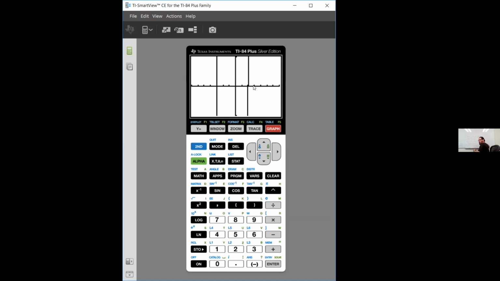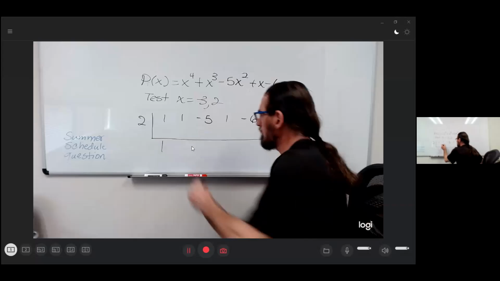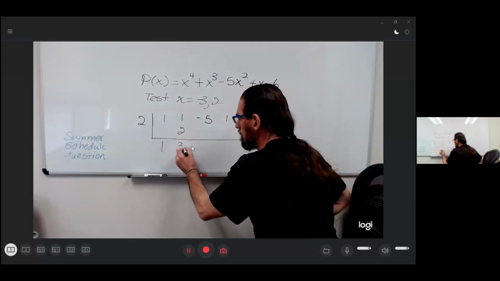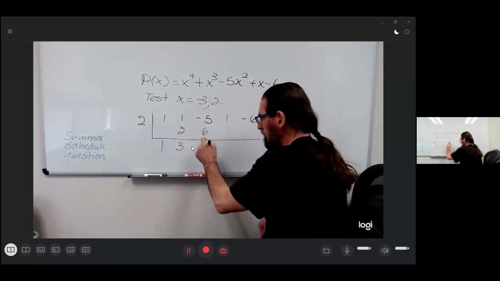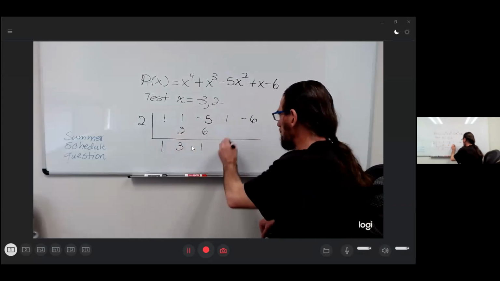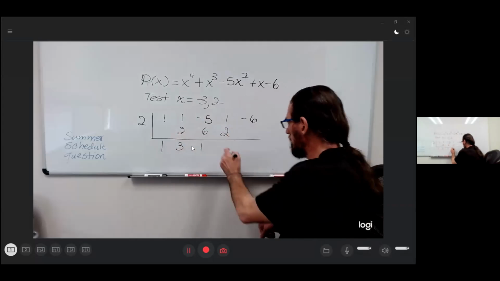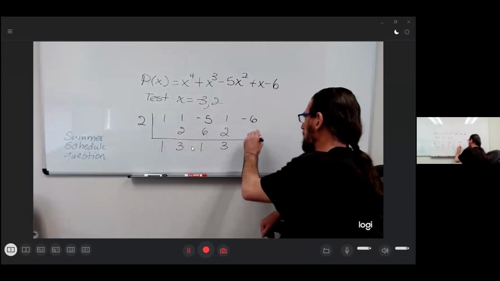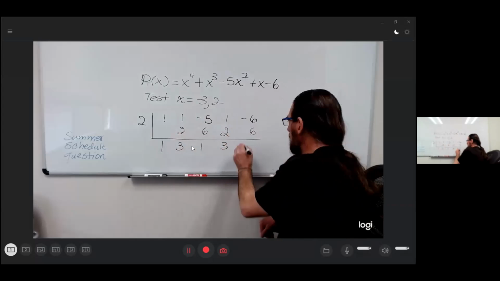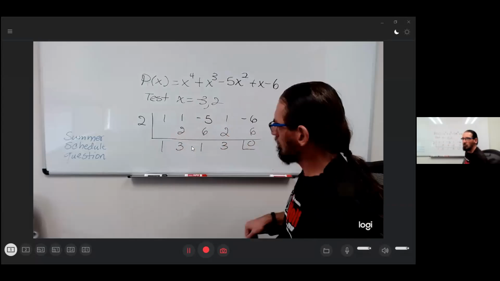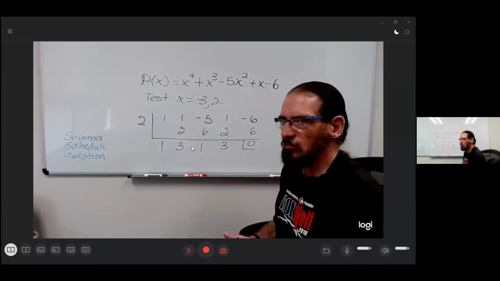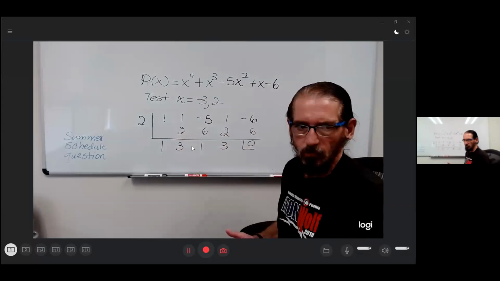Bring down the first entry, multiply, add, multiply, add, and so on. 2, 3, 6, 1, 2, 3, 6, and 0. So x equals 2 is a rational zero. It's a real zero.